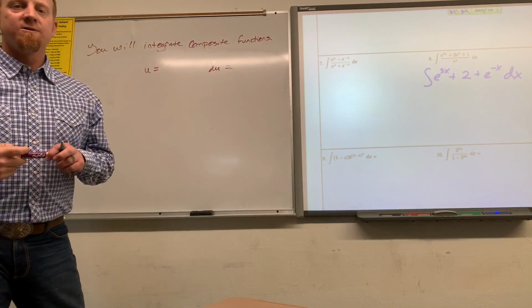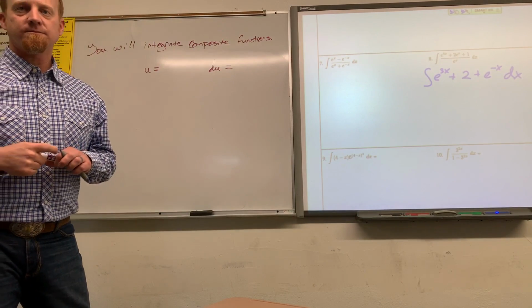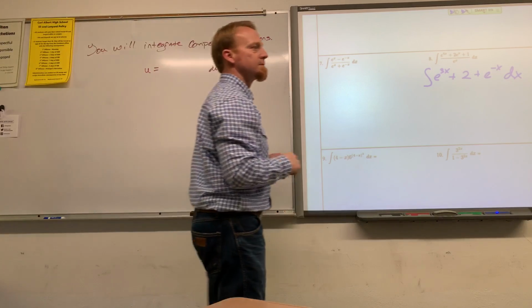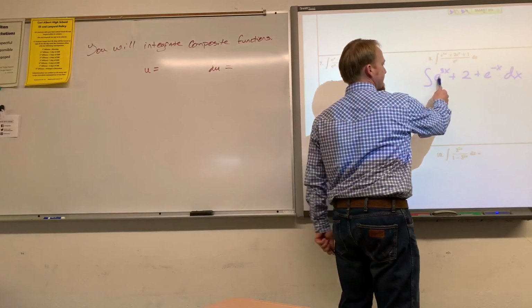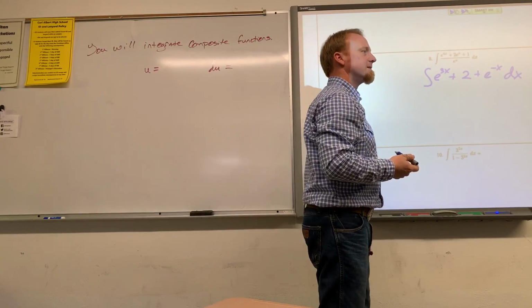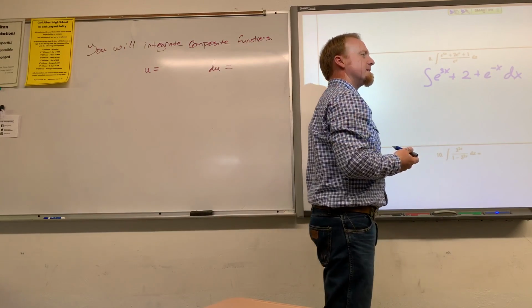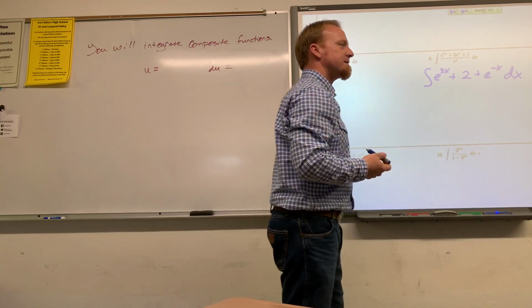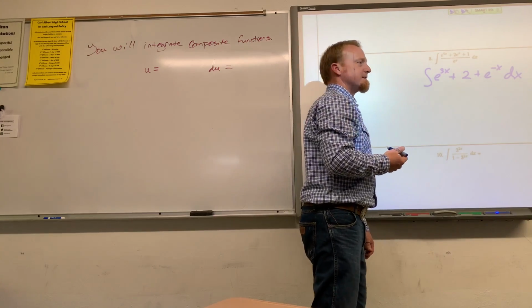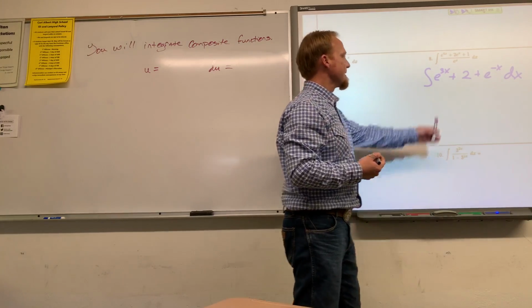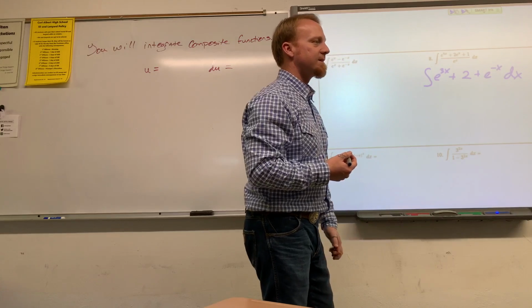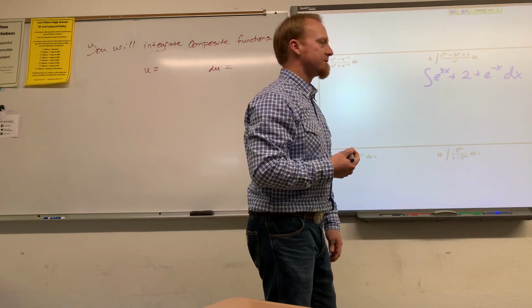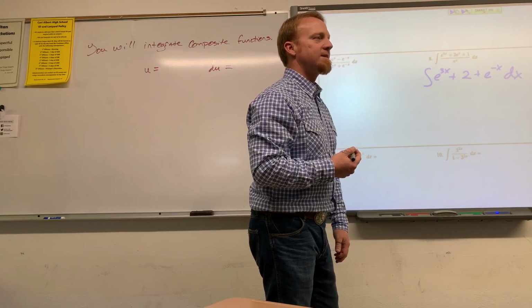And all 3 of those we should be able to do in our head. Elias, if I integrate e to the 3x, what do I get? 3 e to the 3. Close. It's not 3 to the 3x.